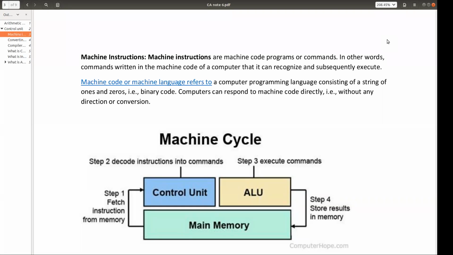The first step is known as fetch instruction from memory. Now the question is, which memory? That will basically be RAM. Every instruction is basically stored in the RAM.